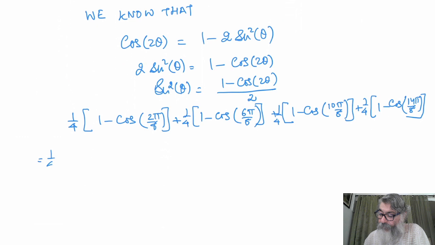It will remain 1 by 4, 1 minus cos pi by 4. 2 will cancel with 8.